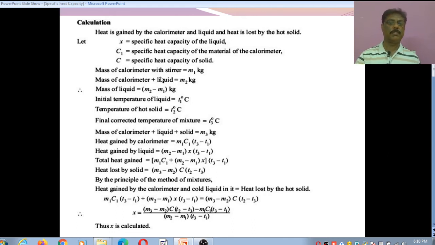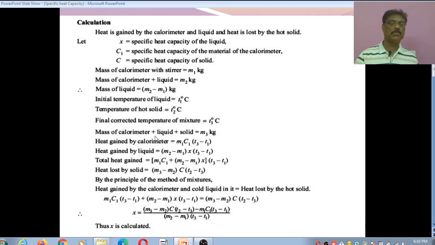If you subtract these two, M2 minus M1 kilogram gives the mass of the liquid. Now we already measured the initial temperature of the liquid, T1, the temperature of the hot solid, T2, and the final temperature of the mixture is taken as T3 degrees Celsius. So we already defined three temperatures.